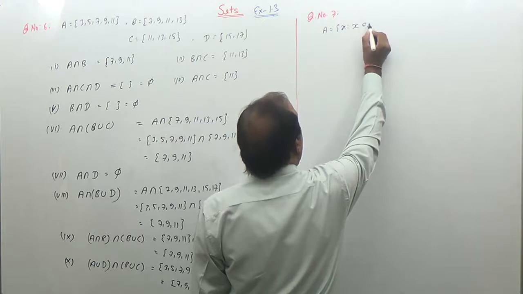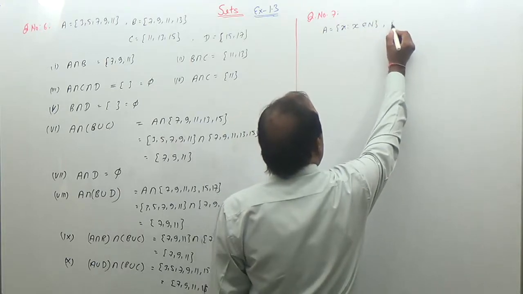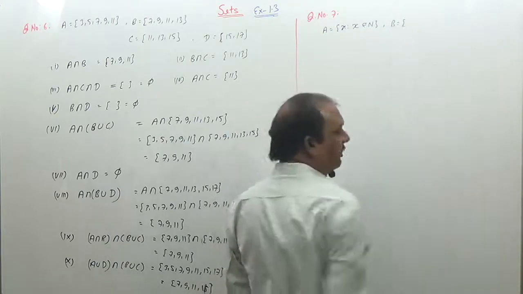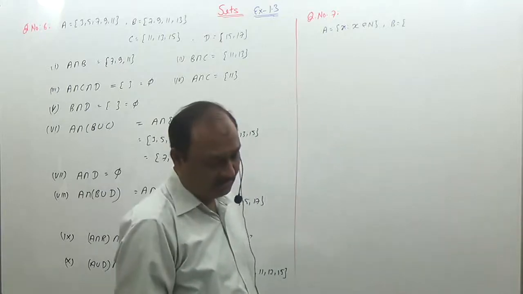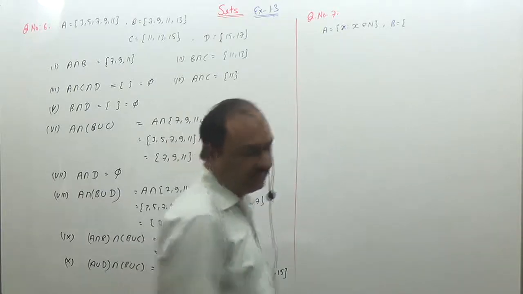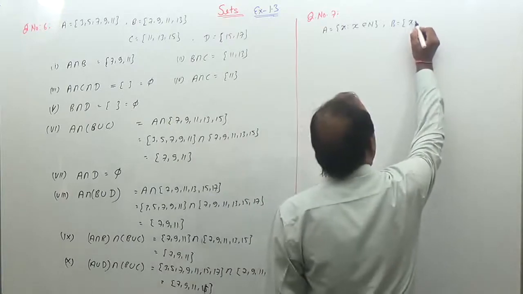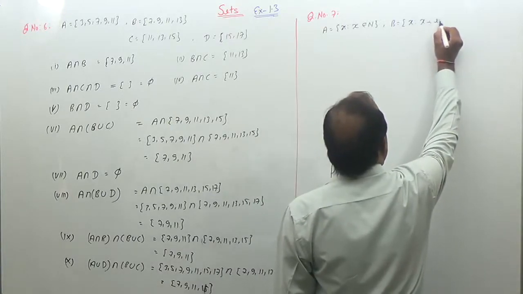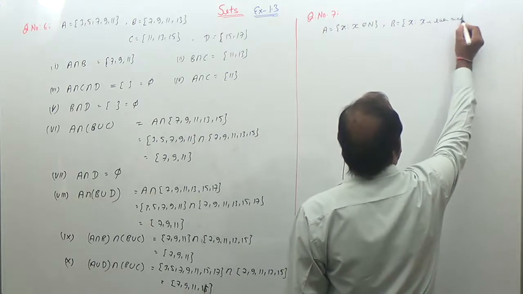And there is another set B: X such that X is an even natural number.